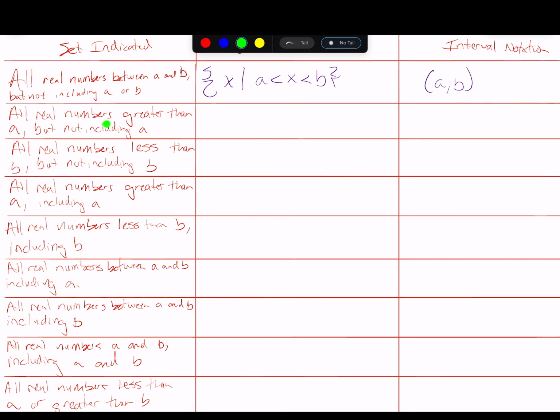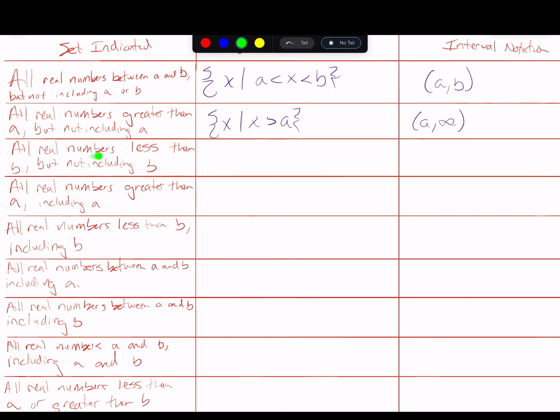All real numbers greater than a, but not including a. Well, this is the set of all x such that x is strictly greater than a. Well, our lower limit is a, and the upper bound is infinity. So we have from a to infinity. Let's move on to the third one.